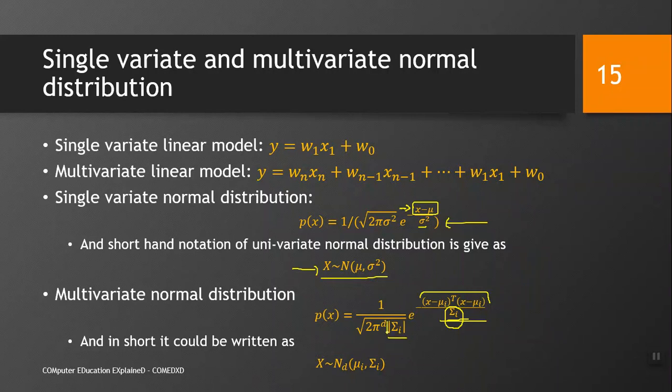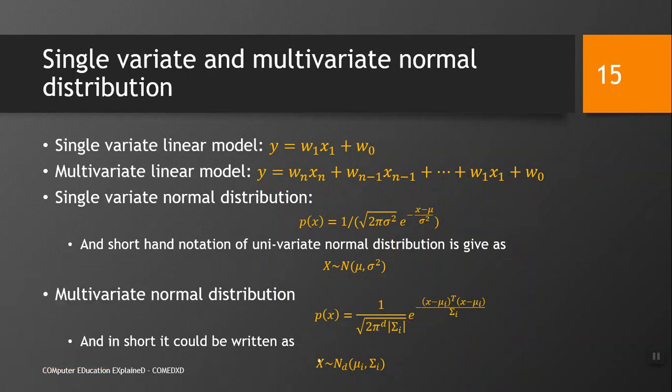This is equal to this, right. So, keep this in mind. And in 2 pi to the power d, we write d, which represents the number of features. Here it was only one feature, and here we have d features, a large number of features.